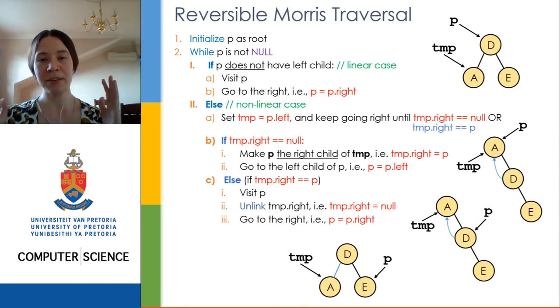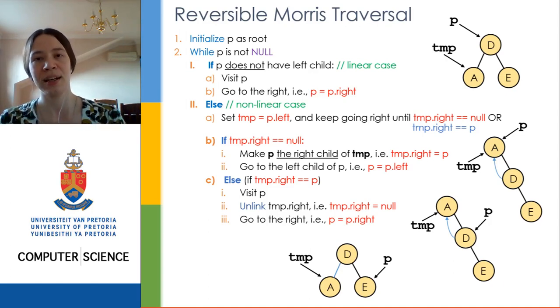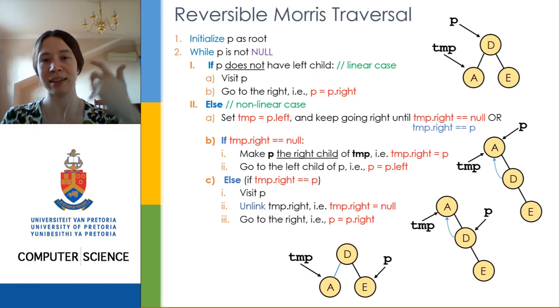Great. If this did not make a lot of sense, I suggest you pause the video and simply try to go through this code and look at the pictures that I have provided to make sure that you understand what is going on. But the idea is quite simple, right? You start at a node, you ask if it has left children. If it doesn't, good for you. If it does, go to the left once, then go to the right as far as possible until you either hit null.